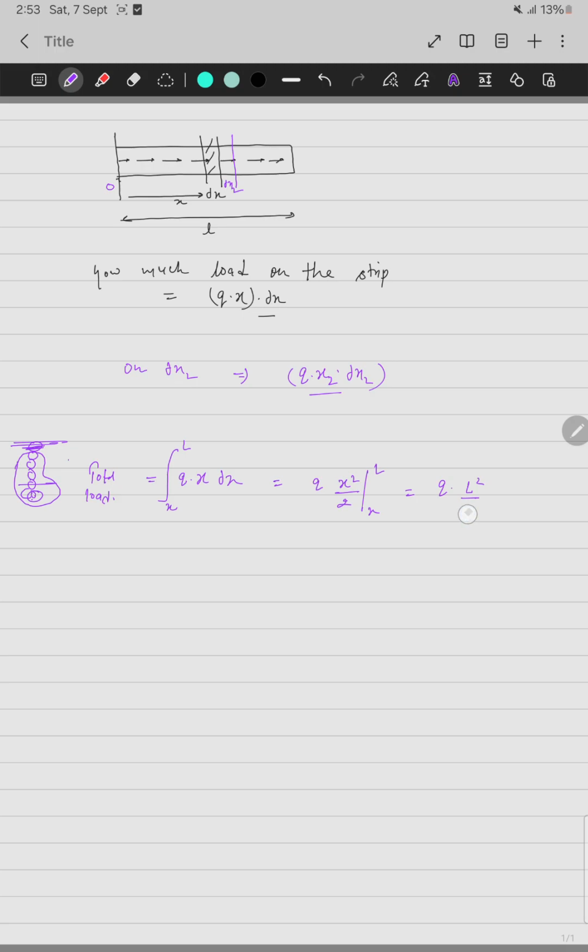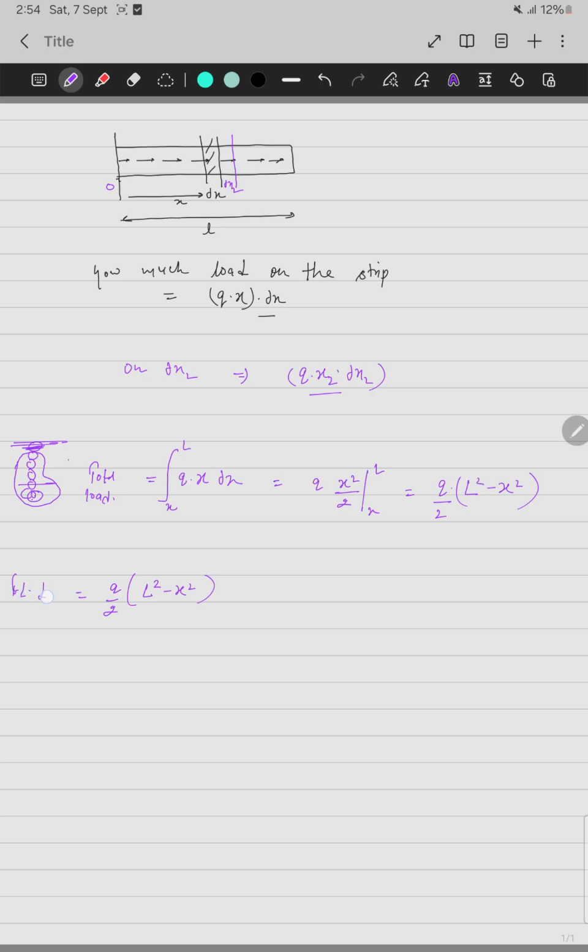Basically we can write directly like this: q by 2, and it will be L square minus x square. So for this dx strip at x length, the total load acting in axial direction will be q by 2 times L square minus x square.